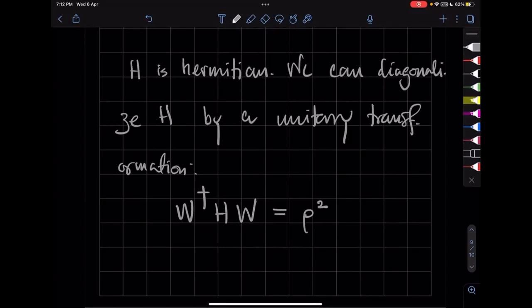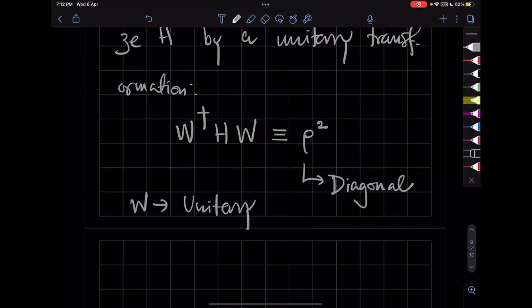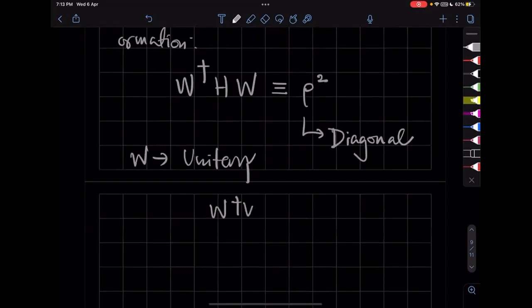Okay, we shall see it's a squared matrix. All the eigenvalues are positive definite numbers. Okay, I haven't proved it, but let this be just the definition of rho squared, but it's diagonal. Okay, so this is a diagonal matrix. Right, you know this, right? And this is unitary, meaning that W dagger W is 1. Okay.